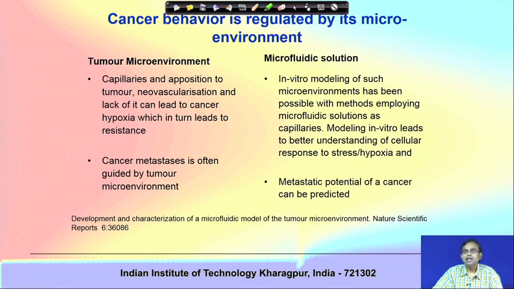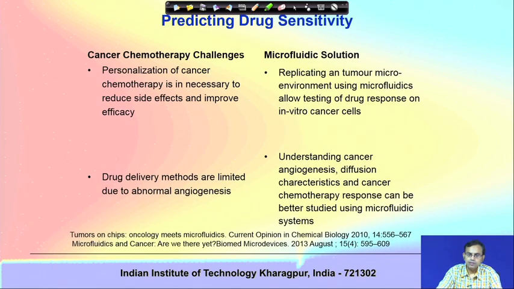That means an engineering device is created which mimics the blood vessels across which the tumor cell is circulating and proliferating, and using the understanding on the basis of what happens in the in vitro device, it is possible to make a decision on the stage of cancer by using one drop of blood from the patient, and using this the metastatic potential of cancer can be predicted.